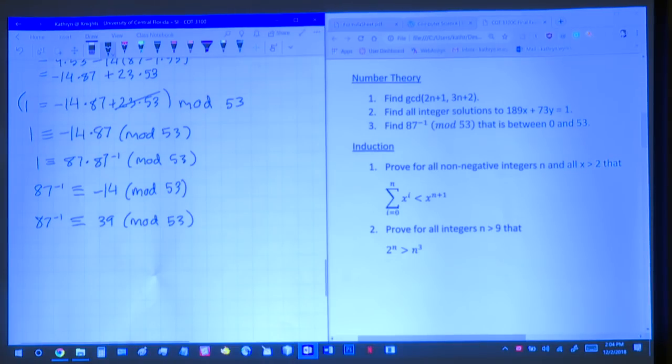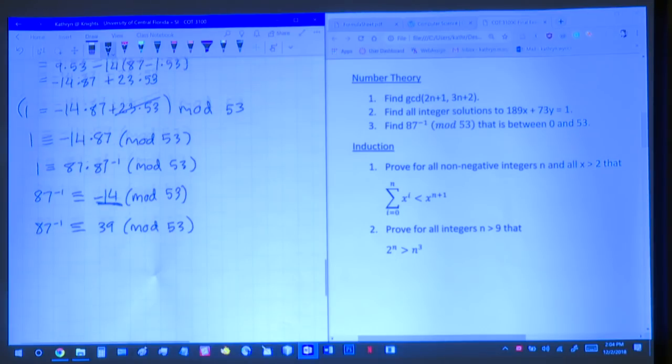How does that change the range from 0 to 53? It just means that the answer we got from our algorithm doesn't work. So basically it's just testing to see whether or not you know that you can add 53 to anything and you'll find something in the same equivalence class. That's all it's testing, really.